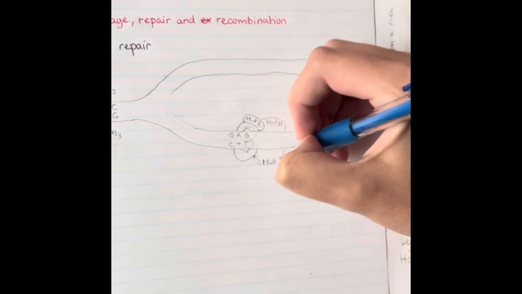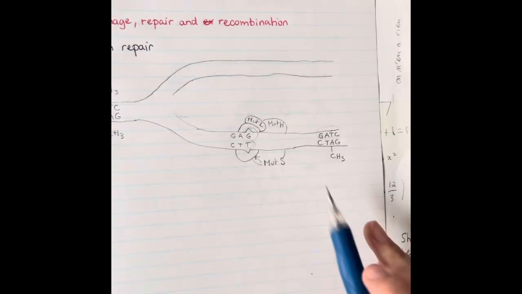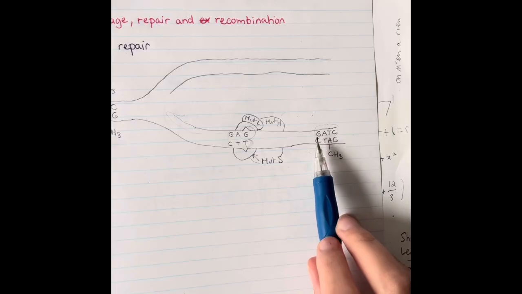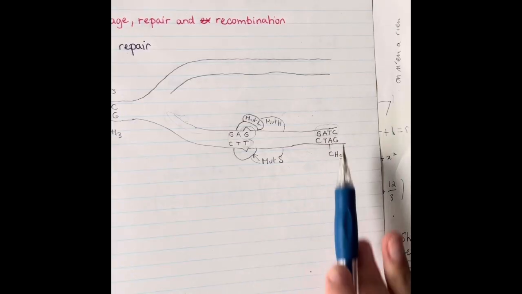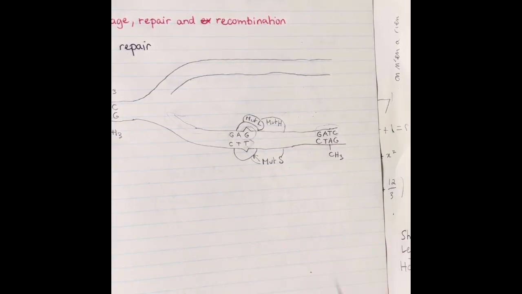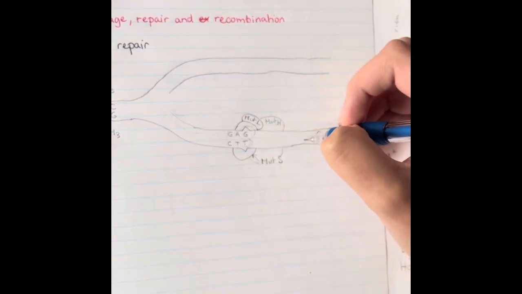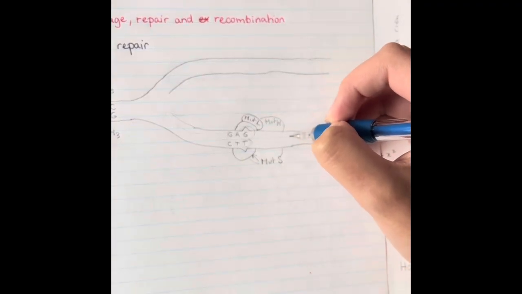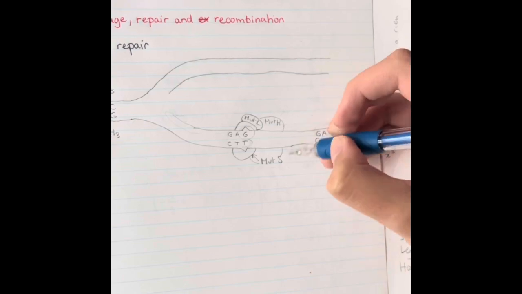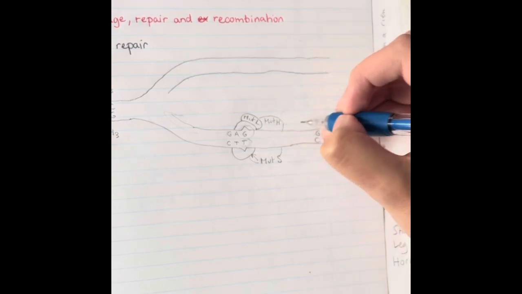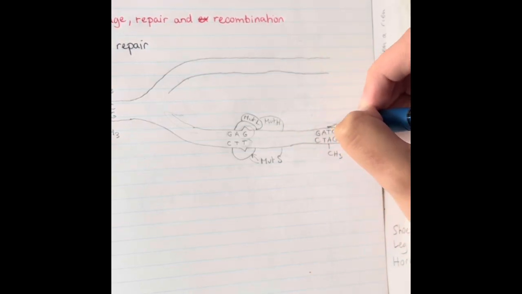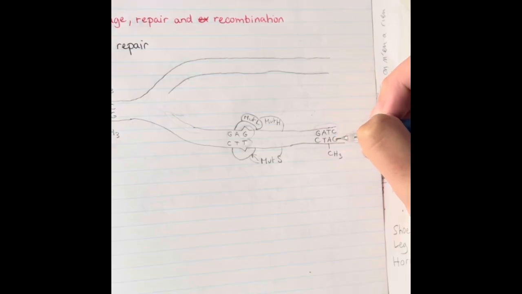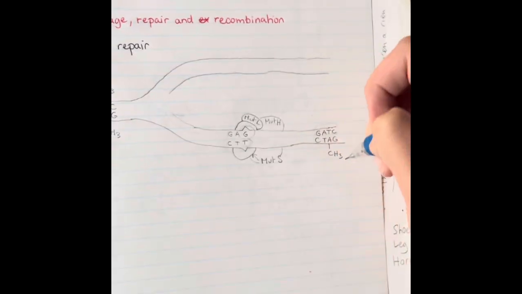This complex's job is to look for the GATC site to see which one is methylated, until MutH finds a GATC site to bind with.